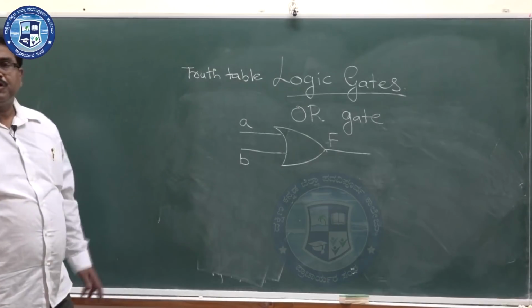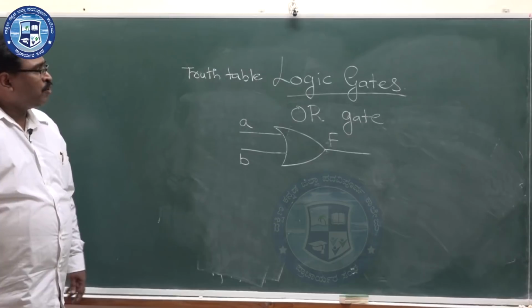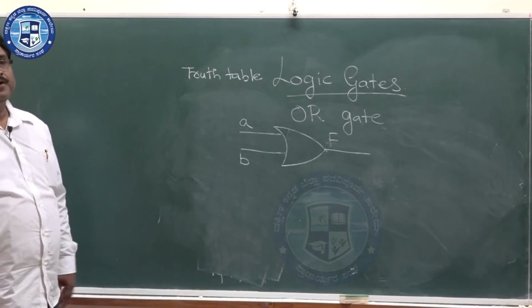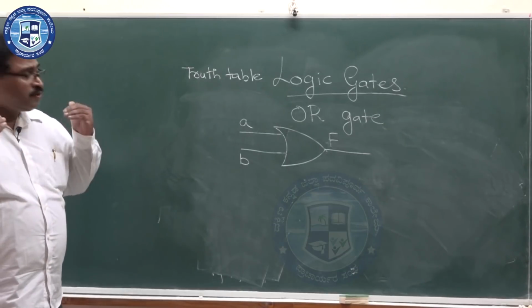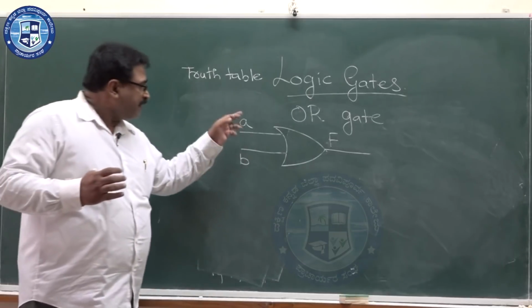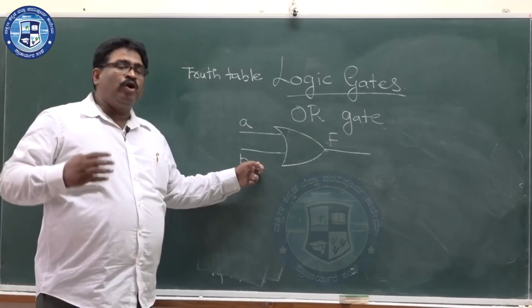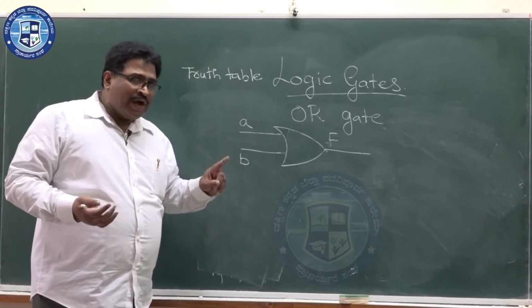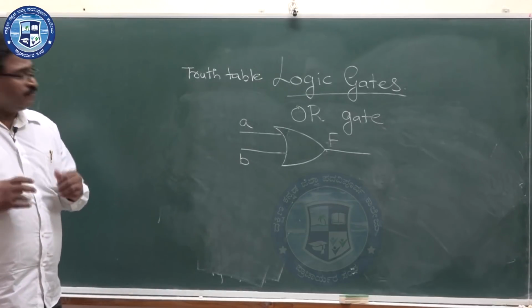This is the symbol we use for 2 input OR gate. Now already you have seen it in the Boolean algebra chapter that the OR gate works in this way. If one of the inputs to the OR operation is 1, the output will be 1. That is what we have learned.